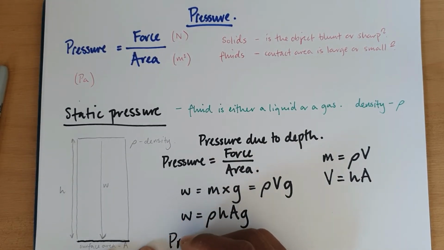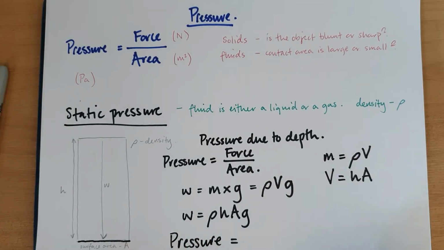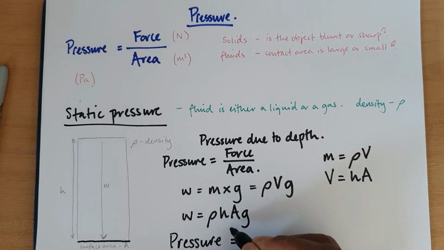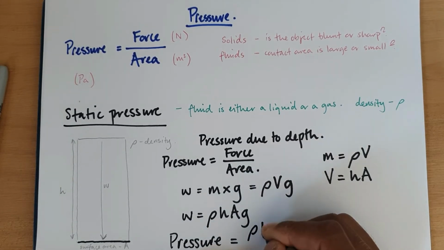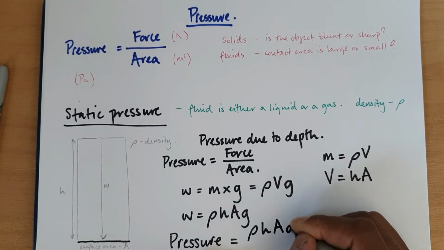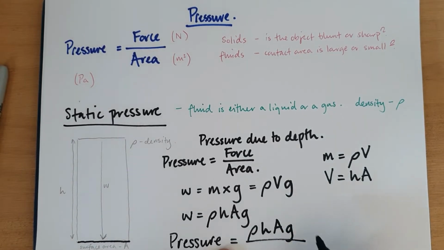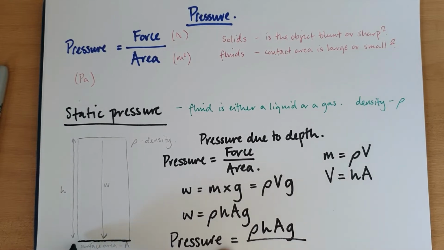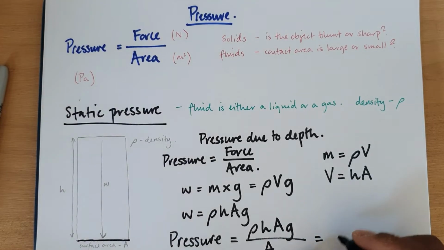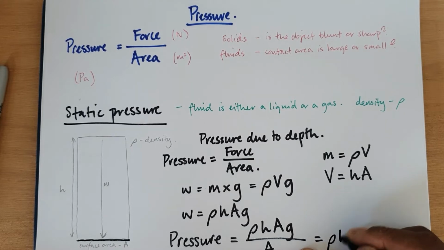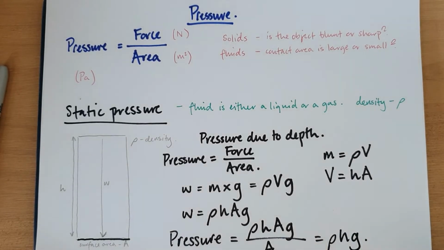Pressure, or static pressure, is equal to the force, which is the weight, so I'll write it, rho H A G, divided by the contact area. The contact area is the surface area here, so it's A. And hopefully you can see now, all we do is we eliminate the A's. So static pressure is equal to rho H G.